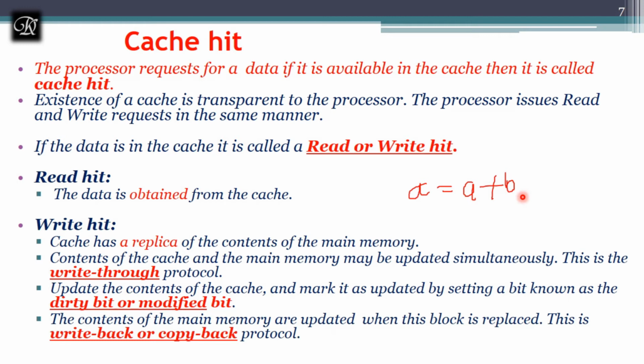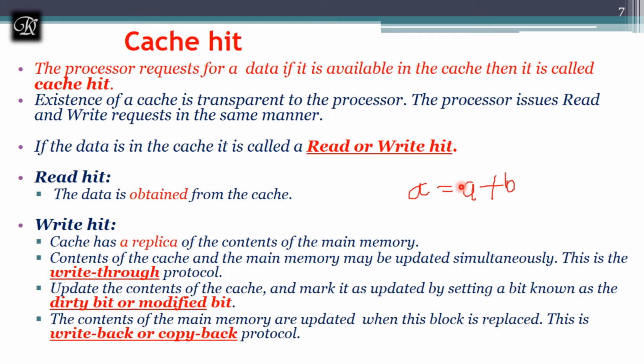A and b are available in the cache, so initially it's a read operation and it's a hit, and the processor took those two operands and performed the addition. Now the next operation is write, because the sum of these two numbers should be stored in another variable or in the same variable a. So now it has to perform the write hit.